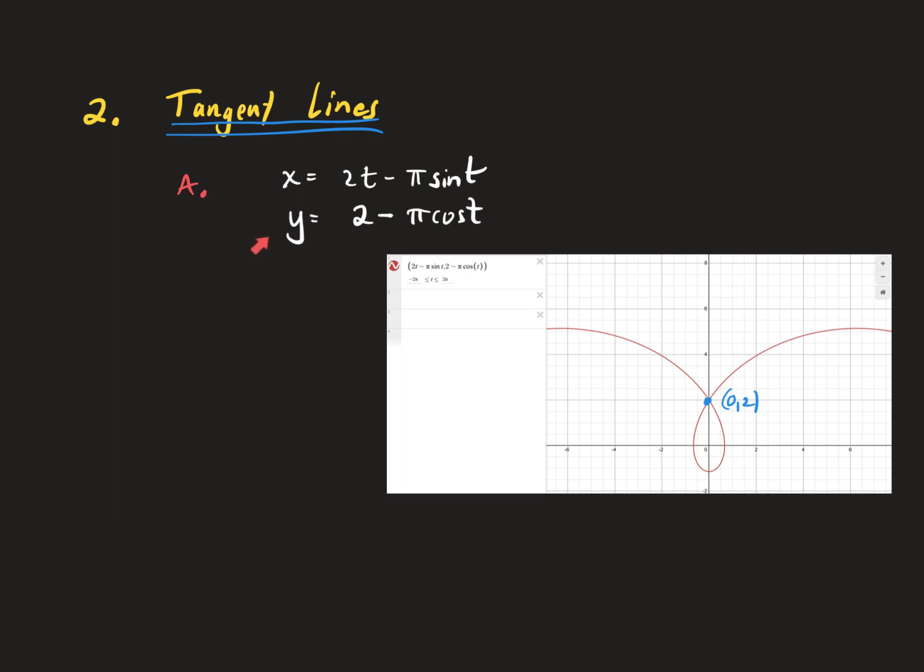So in this problem, we'll ask, find the equation of both tangent lines which pass through the point (0, 2) for this plane curve. Because the tangent line passes through the point (0, 2), we could say, let's solve for t when the x-coordinate is 0 and the y-coordinate is 2.